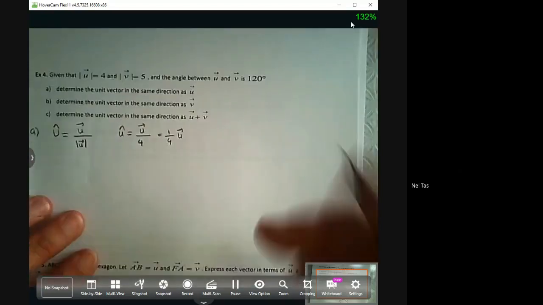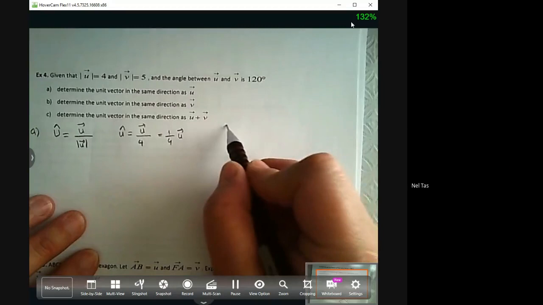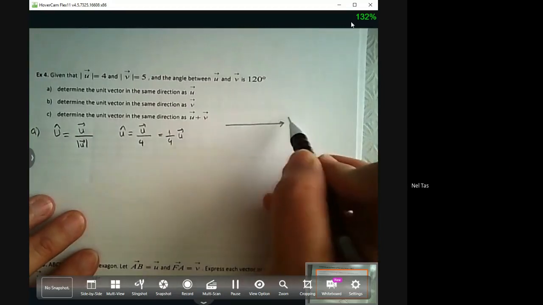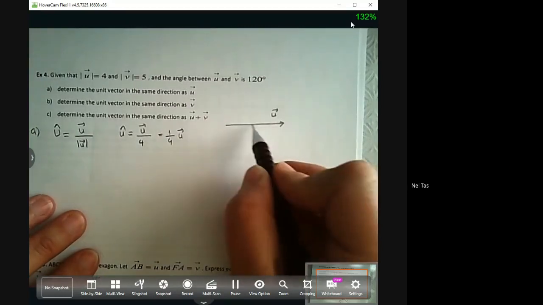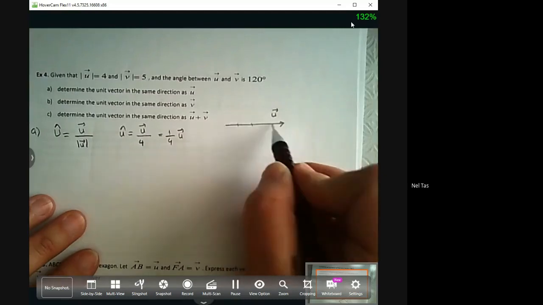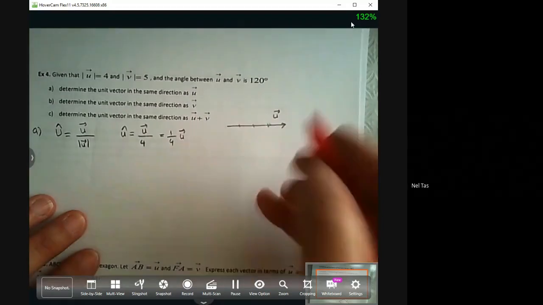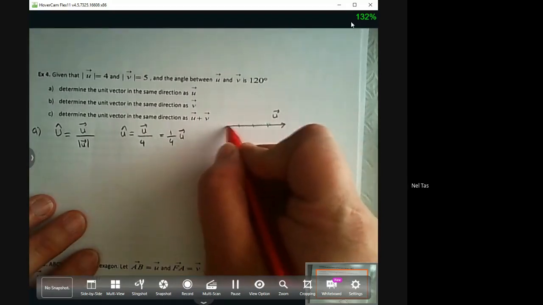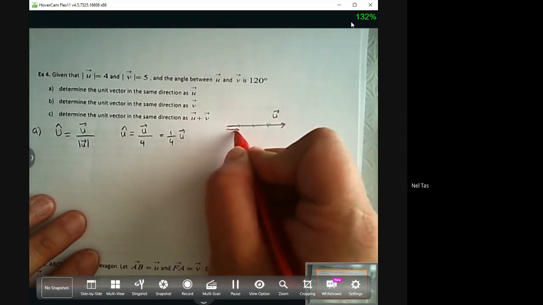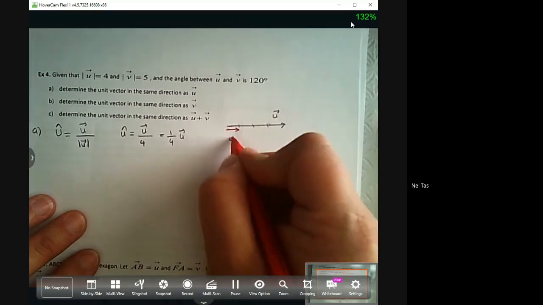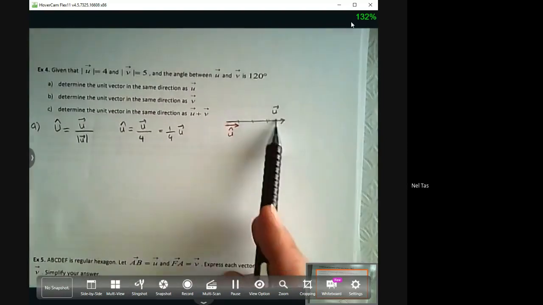So this is what it means, right? So if you have a u vector here, 4 units, okay, so this whole thing is u vector, then this piece here is u hat. So you multiply u vector by 1 over 4 to get u hat.